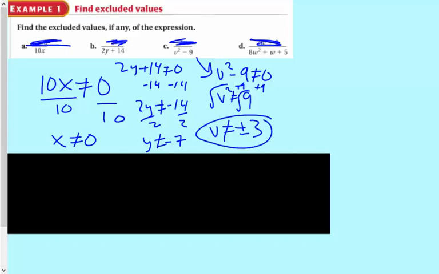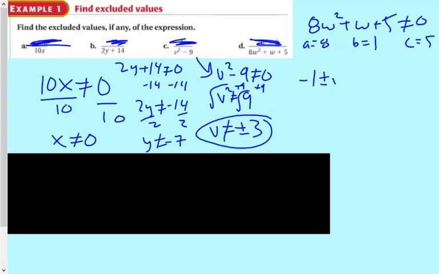And finally, we get into 8w squared plus w plus 5. I'm going to use the quadratic formula, negative b, so a equals 8, b equals 1, c equals 5. I'm going to see if there are any values that will make this equal to 0. So negative b plus or minus the square root of b squared, 1 squared is 1, minus 4 times a times c, all divided by 2a, all divided by 16.